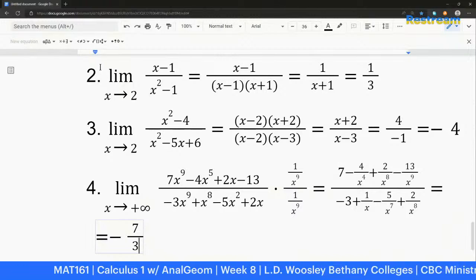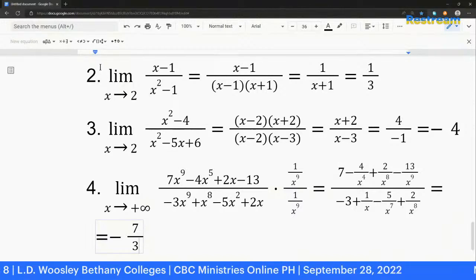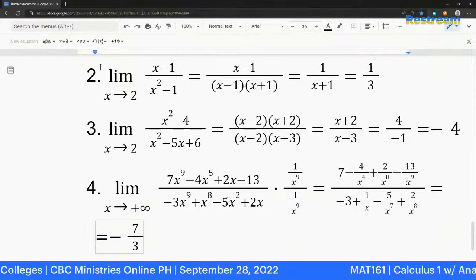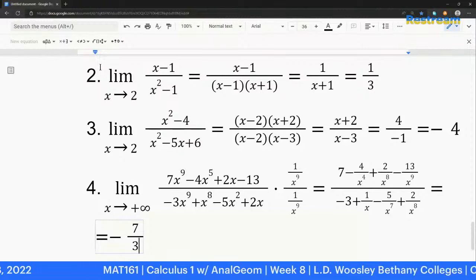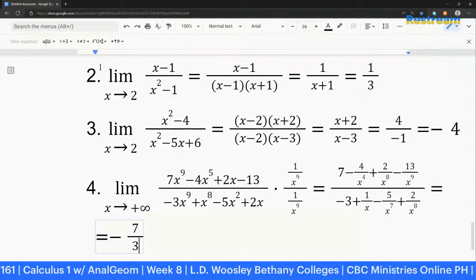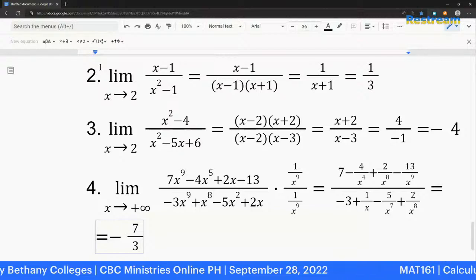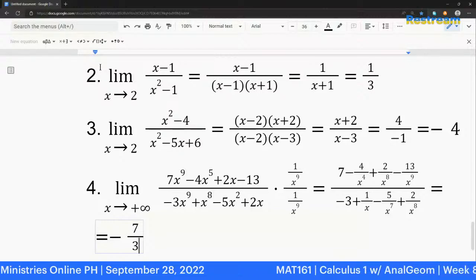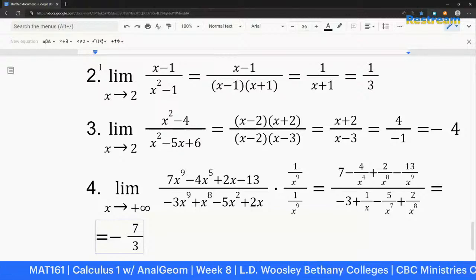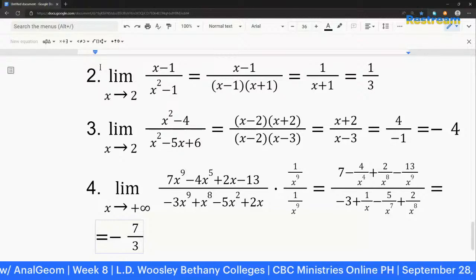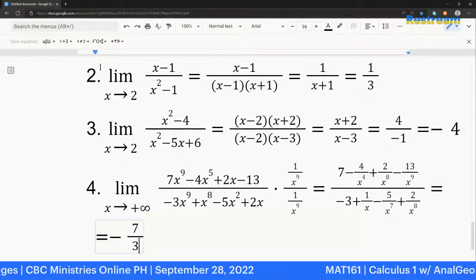Kapag ang denominator ang mas mataas sa numerator, automatic yung 0. Kapag ang numerator naman ang mas mataas at mas mababa yung denominator, infinity pa rin yun. But take note, when the powers of x are equal, you just get the numerical coefficients, 7 over negative 3 or negative 7/3. Okay, guys? Clarification?